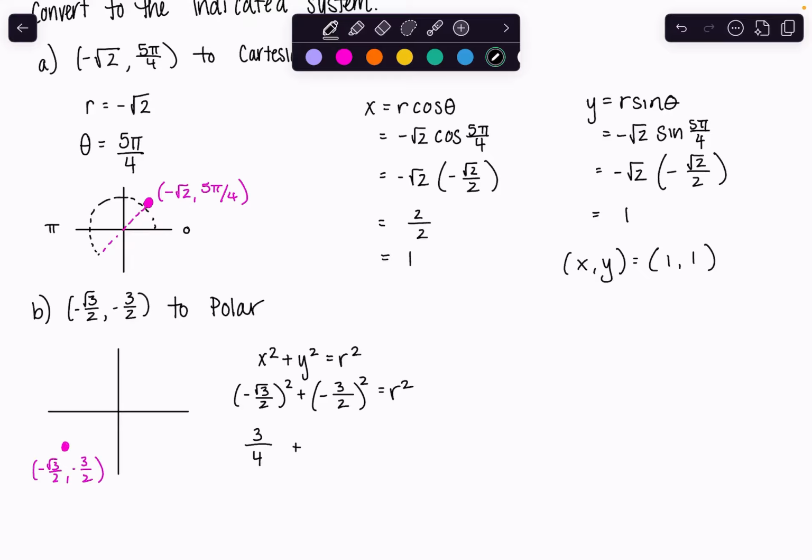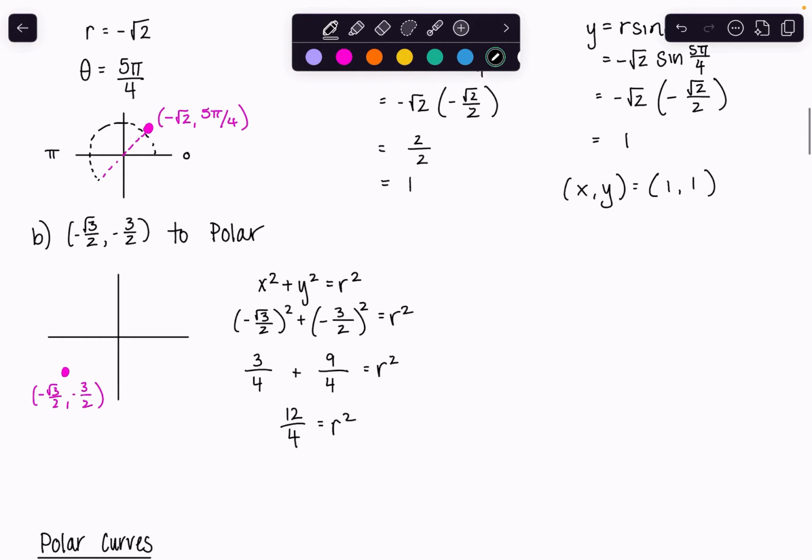And then for that, that gives me positive 9, divided by 4. Adding those together gives us 12 over 4 is r squared. And that at least divides nicely. 12 divided by 4 is 3. So 3 is my value of r squared.